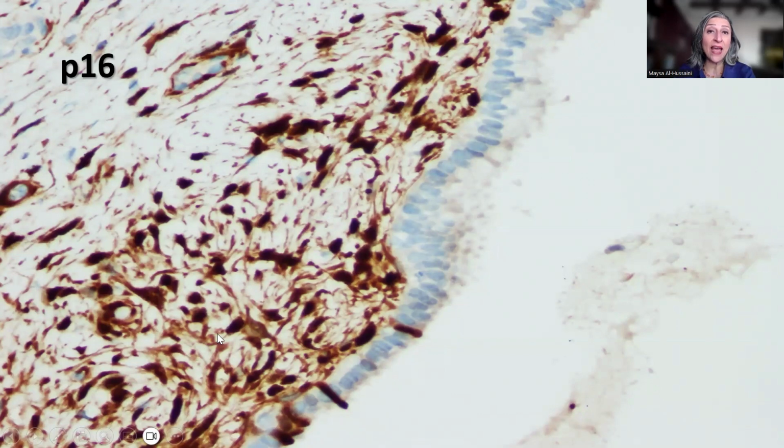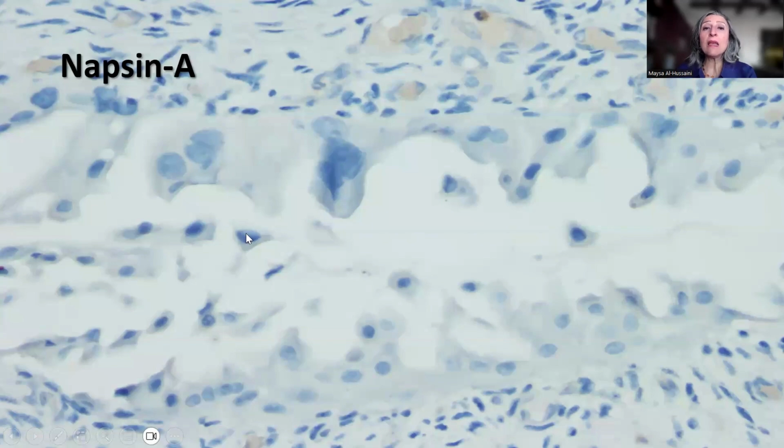It does not have any significance of positivity in the stroma. Now, NAPSN-A, I did it just on the areas where we have the atypical epithelium, because we described in a recent paper NAPSN-A positivity in hobnail metaplasia that is seen especially in polypoidal lesion, a potential pitfall that we have to pay attention to.